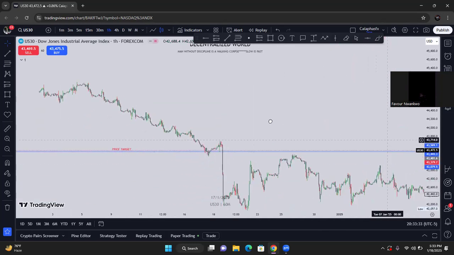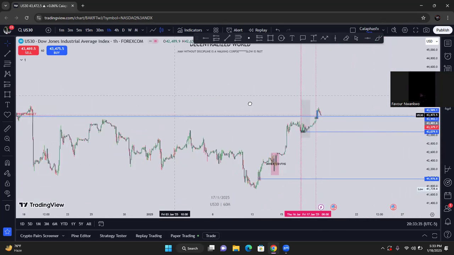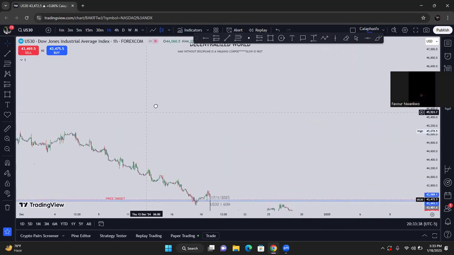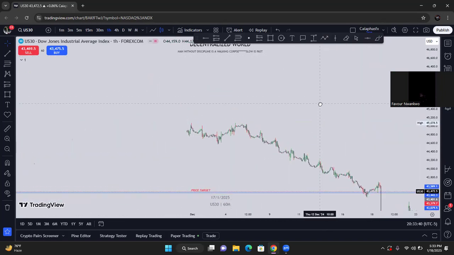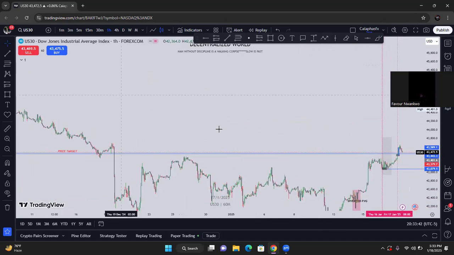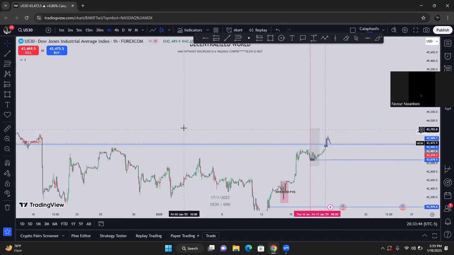So next week, I'm not sure how the market will react, sha. This US30 is very hard to comprehend when it comes to its reaction to the news and everything.